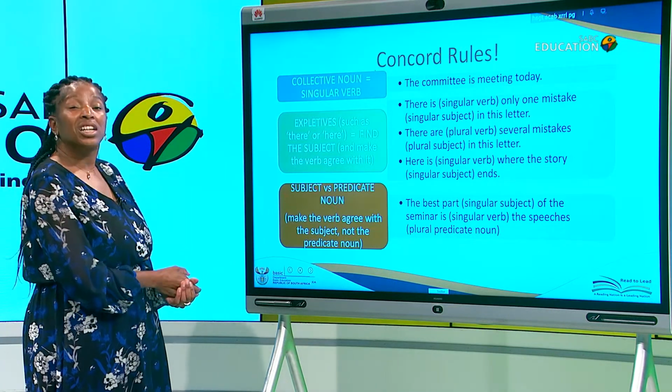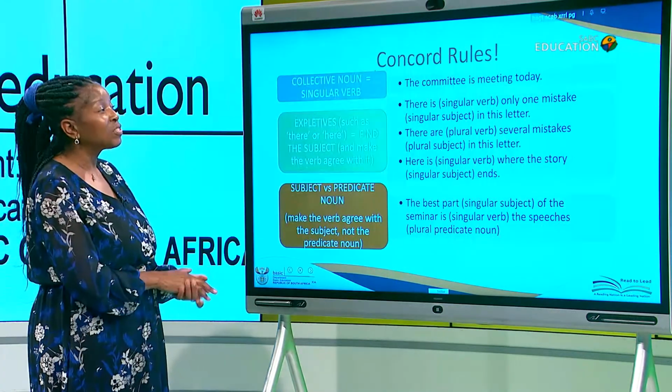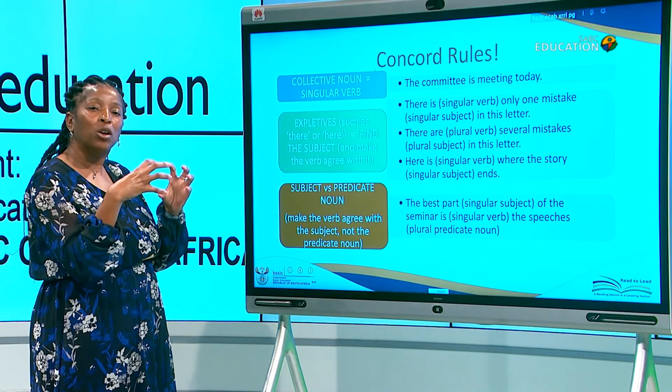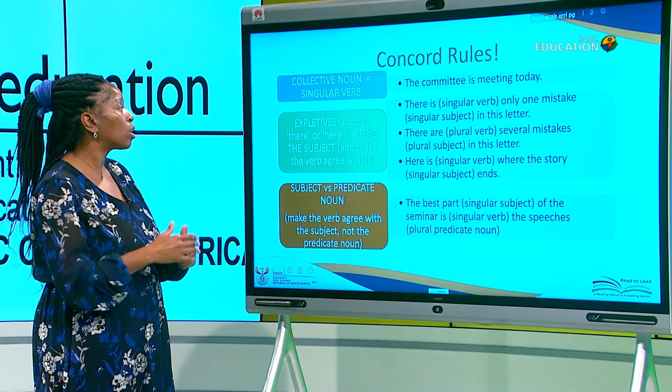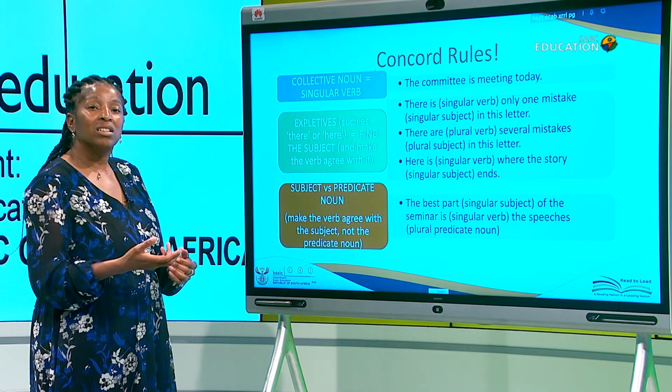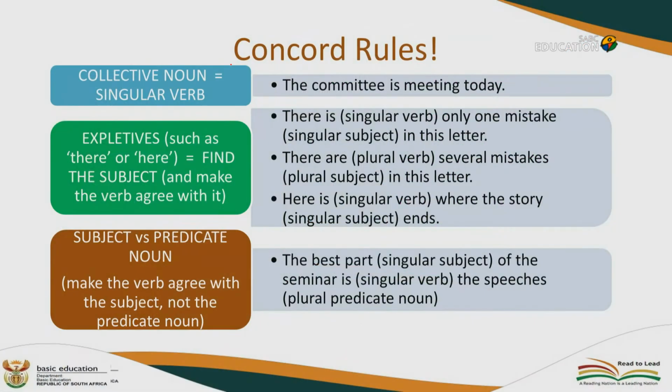Okay, so when it comes to collective nouns, please always remember a collective noun must have a singular verb. And then we have those sentences that start with there or here. There is only one mistake. Here is where the story ends. We always use singular verbs for sentences that start with expletives.